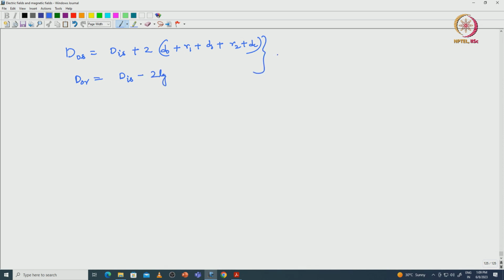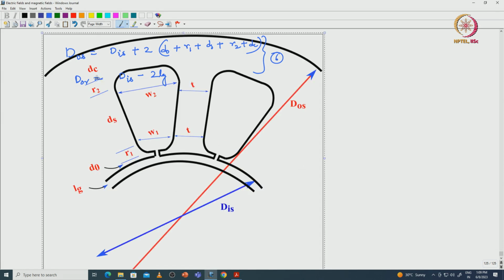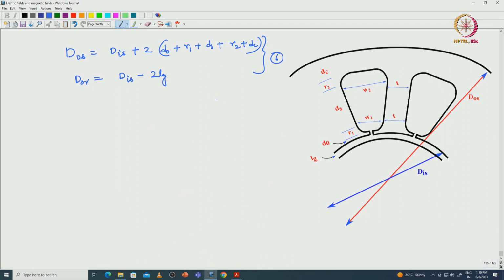This is equation number 6. These equations I have derived from the slot image figure we can see here. So this value is dc, r2, and then ds, and then r1 from here to here, and slot opening is d naught and the remaining one is the lg value.